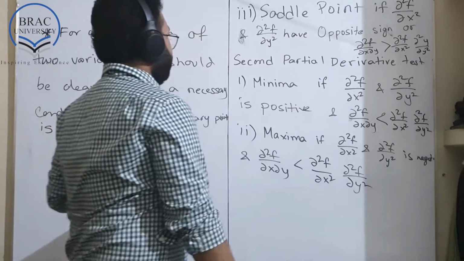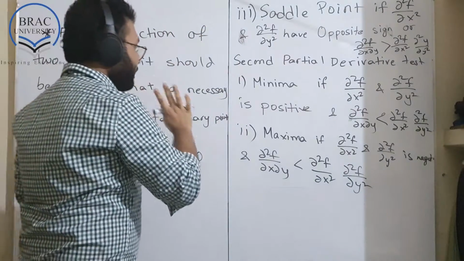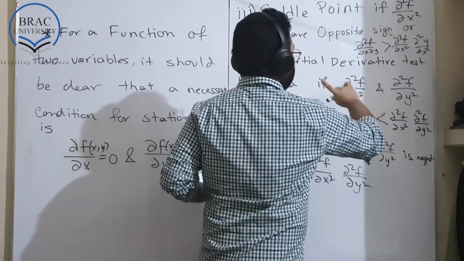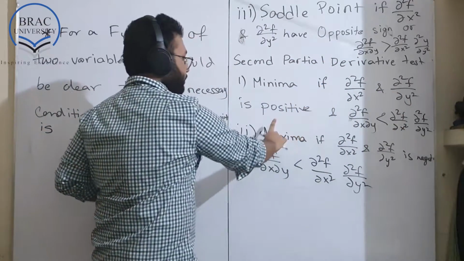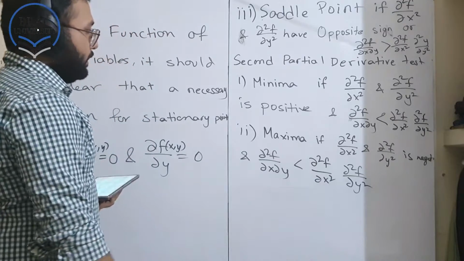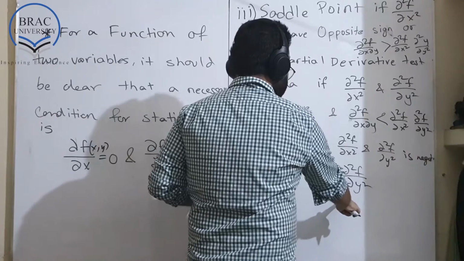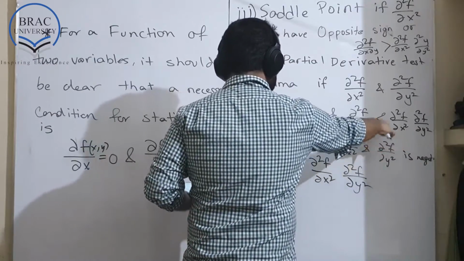So what do we have here? We have a minima if the second derivative of both variables is positive, maxima if the second derivative of both variables is negative, and this condition is satisfied for these two.